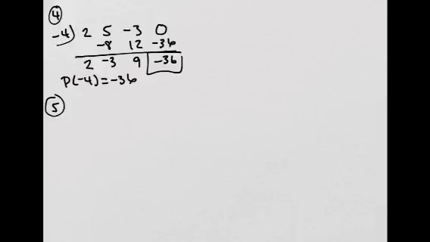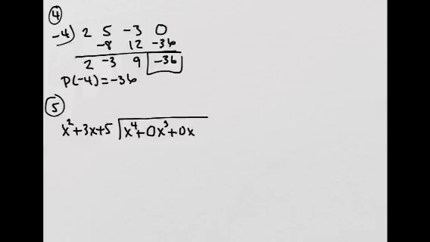So we have to do x squared plus 3x plus 5 dividing x to the 4th. There is no x cubed, so we put 0x cubed. And there's no x squared, so we put 0x squared. And then plus 6x minus 25.